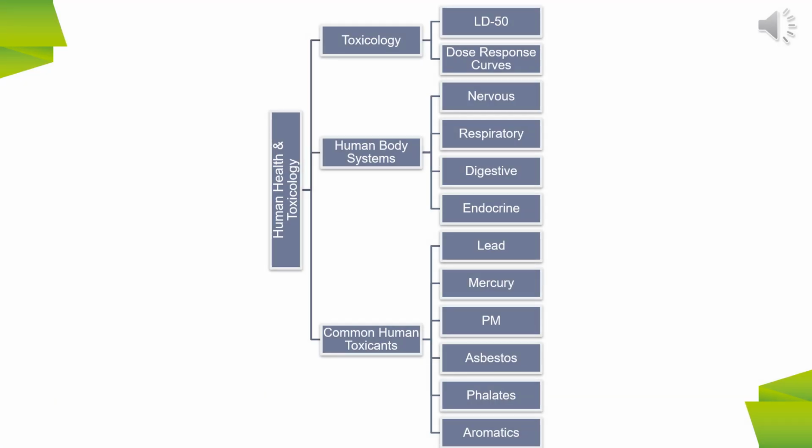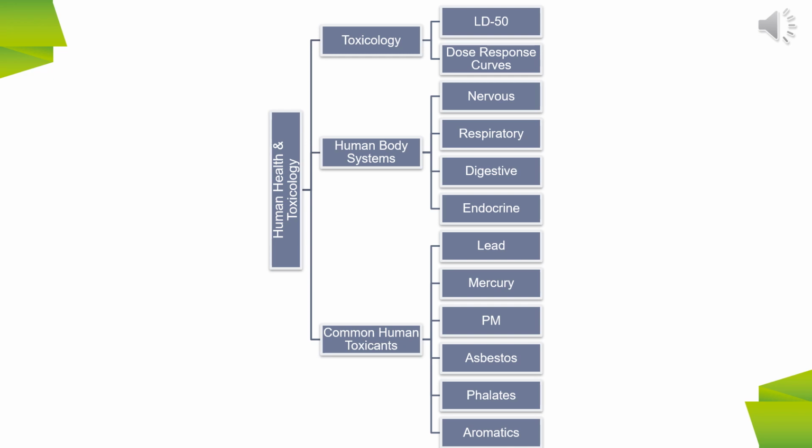So this is the common endpoint for pollution and waste: human health and toxicology. When we talk about human health and toxicology, we're talking about the ways in which the components of our environment affect us. And we're going to look at this specifically in terms of toxicology. Toxicology is the study of toxic substances and how they affect the body or the subject.